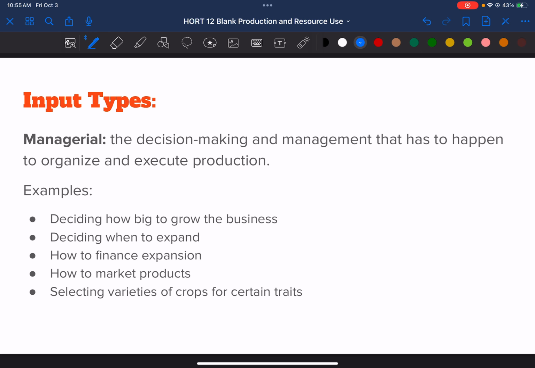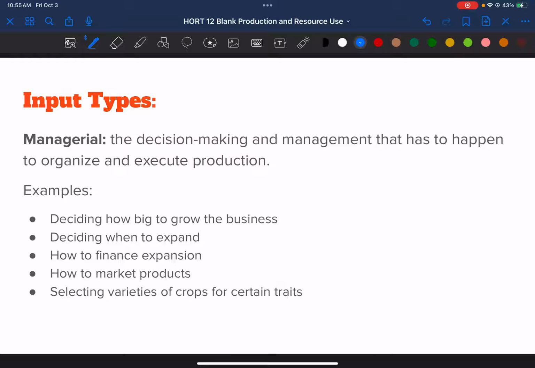So managerial input could be the thinking and the experience that a farmer has that goes behind deciding how big to grow a business, deciding when to expand that business, and how to finance expansion, how to market and sell products, or selecting a variety of a crop for certain traits like drought tolerance or resistance to pests or diseases or adaptation to a certain type of climate.